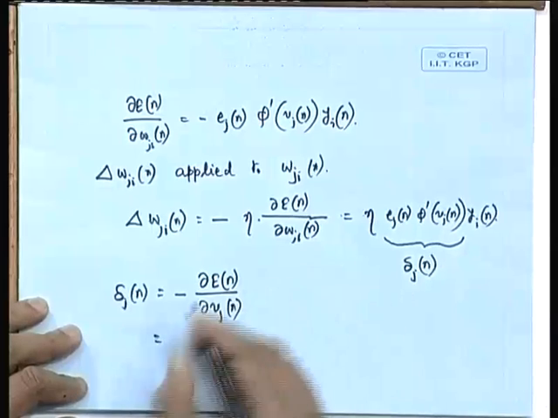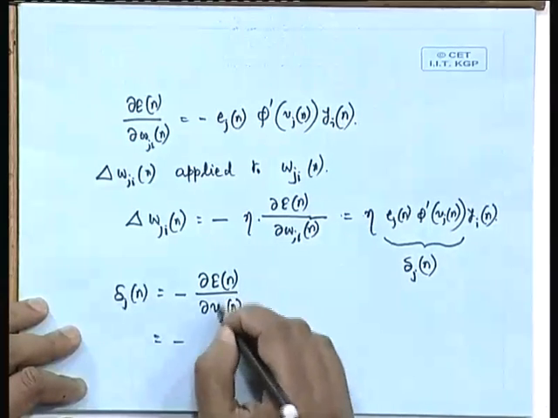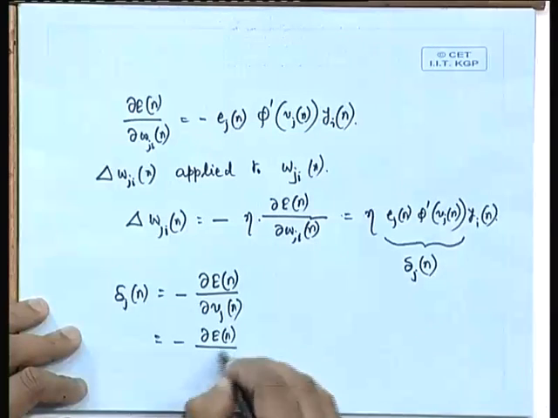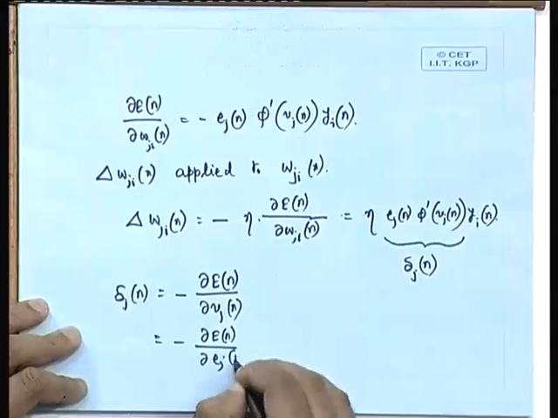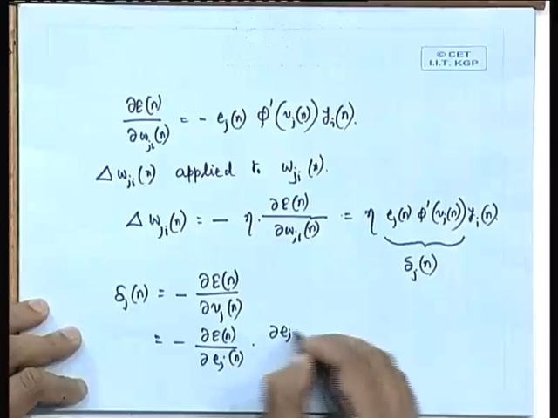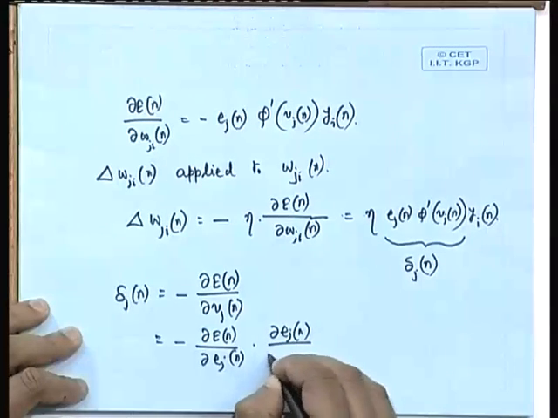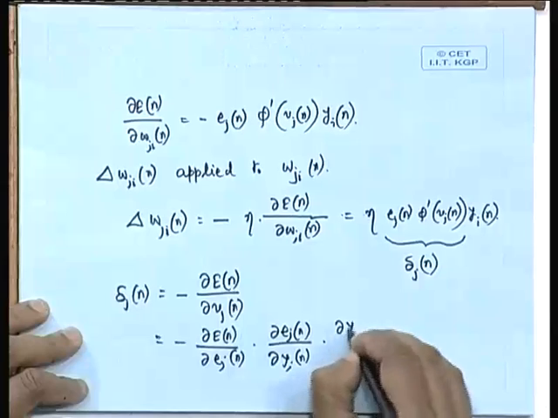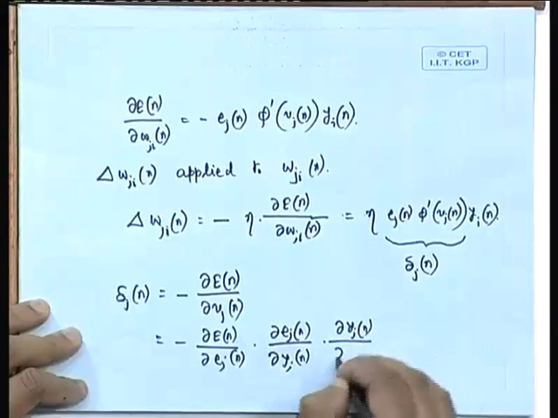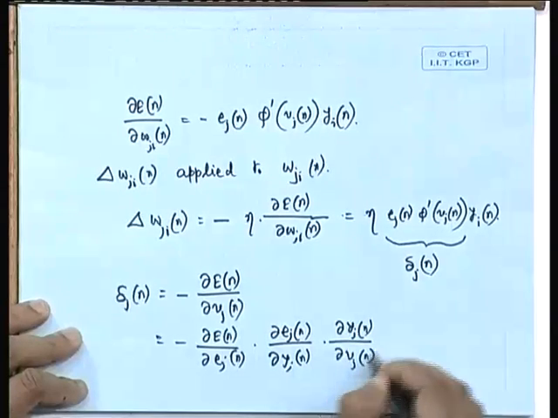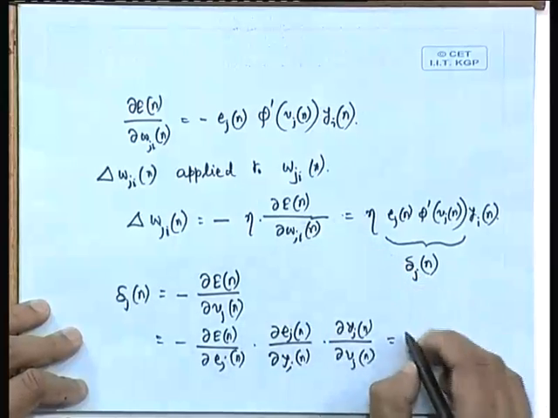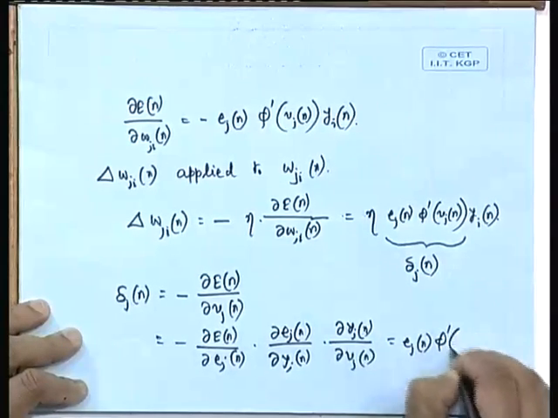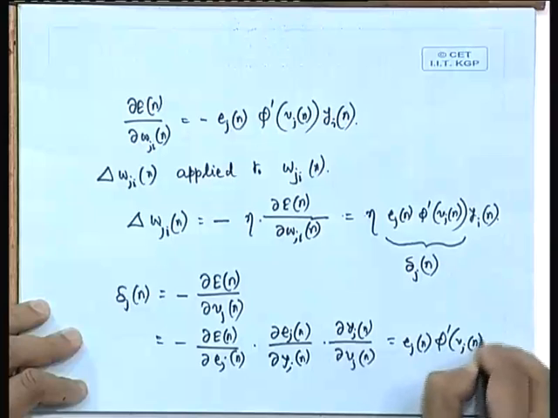So this in fact could be expressed as minus dou En dou Vj. So we could express it as dou En dou Ej n times dou Ej n with respect to dou Yj n, then dou Yj n dou Vj n, and this whole thing ultimately boils down to nothing but Ej n phi dash Vj n, right.